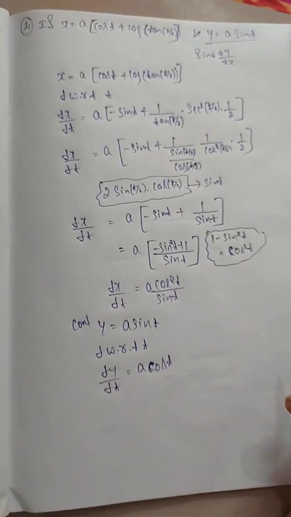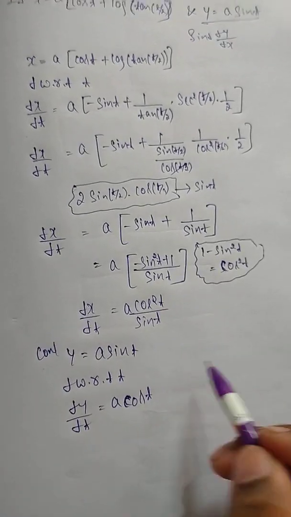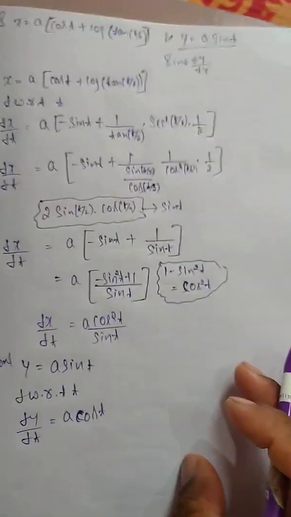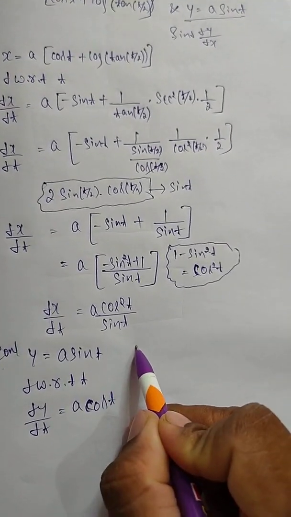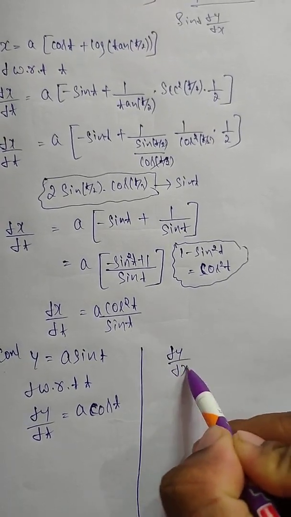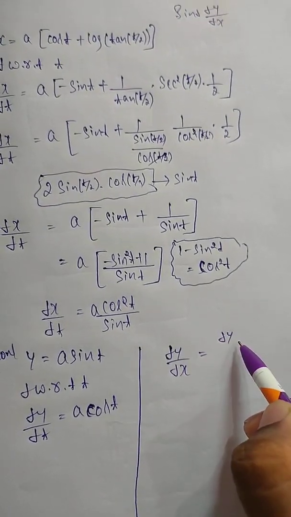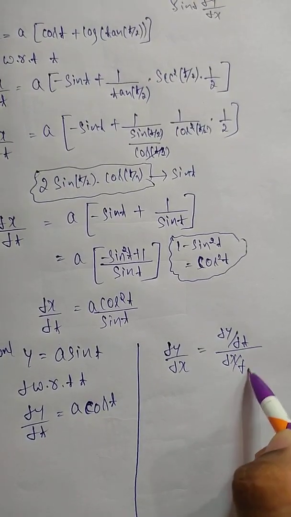Now we will go with the dy by dx. What is the dy by dx? dy by dx is equal to dy by dt divided by dx by dt.